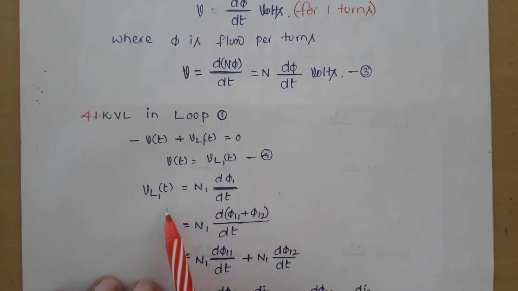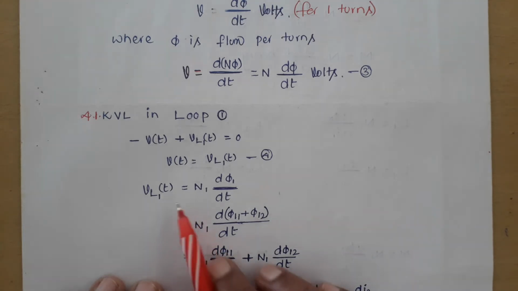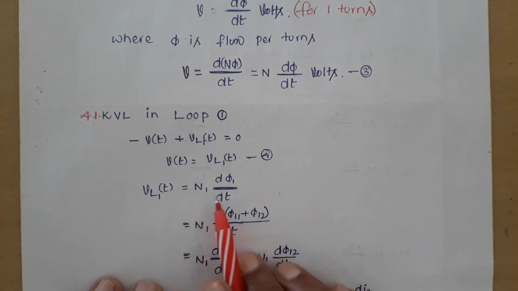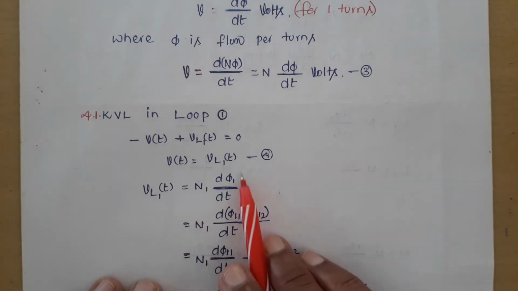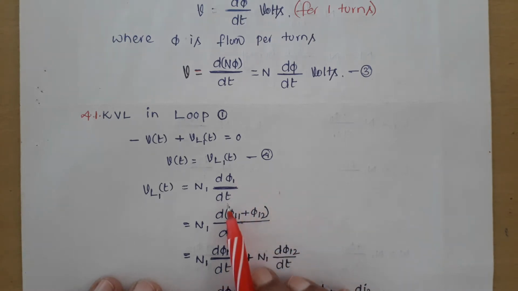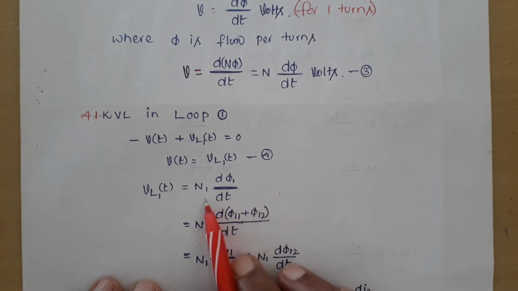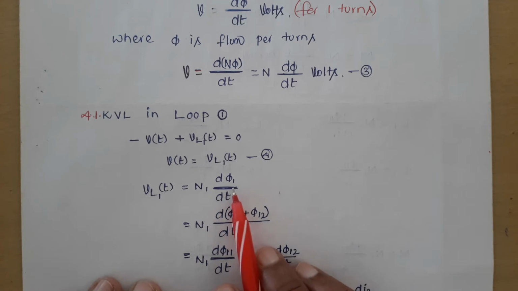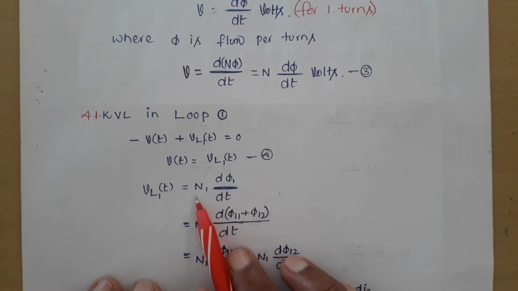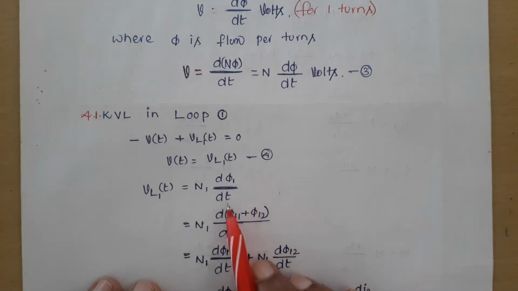Here the voltage across coil 1 can be written as VL1 of t equals N1 d phi 1 by dt, where the number of turns of coil 1 is N1 and the total flux produced because of I1 is phi 1.